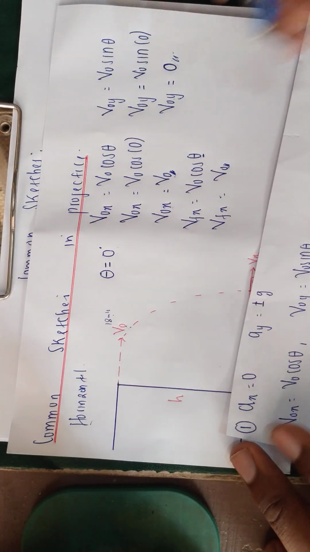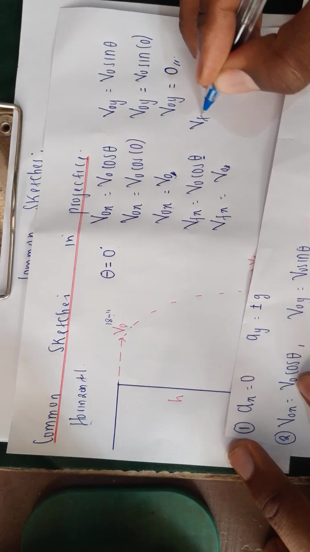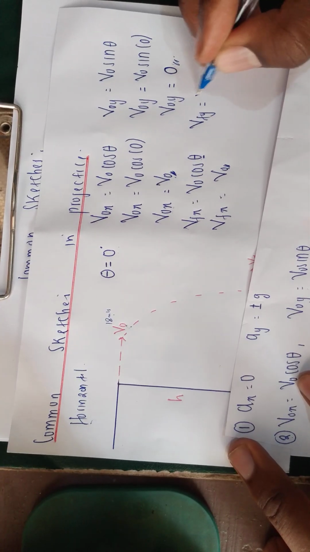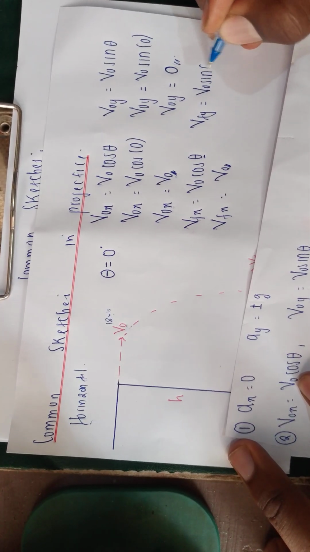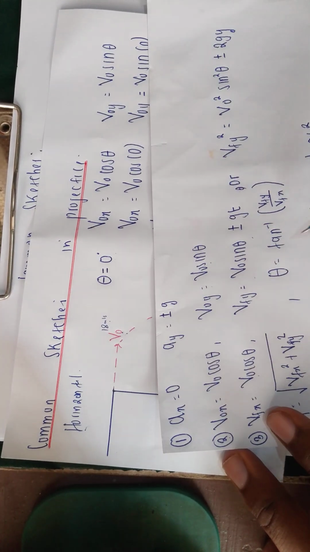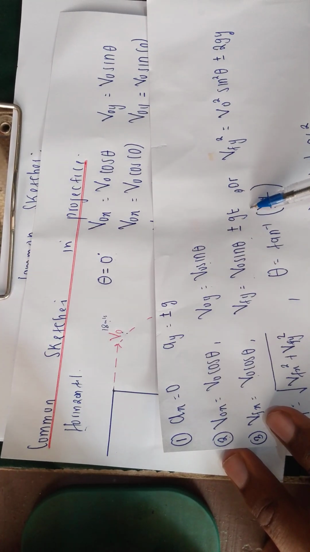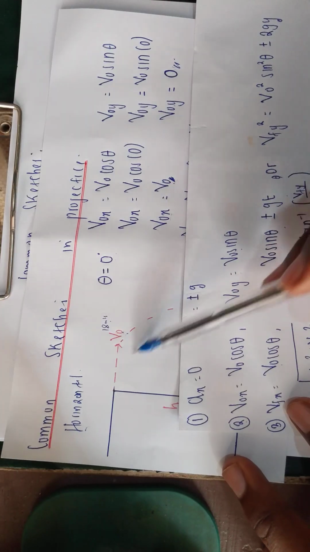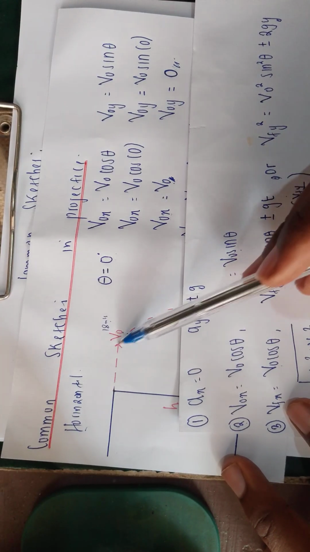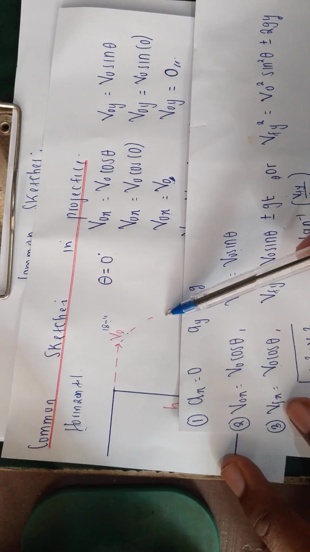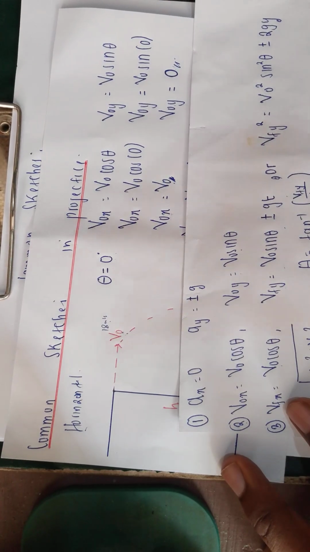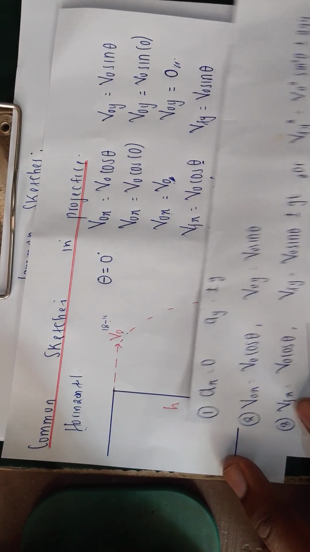The final velocity in the y is given by VO sine theta, and then here we said plus or minus g, so you just choose one. You look at the motion of the body, it's going downwards. Since it is going downwards, the gravity is going to be positive g, since it is moving towards gravity.